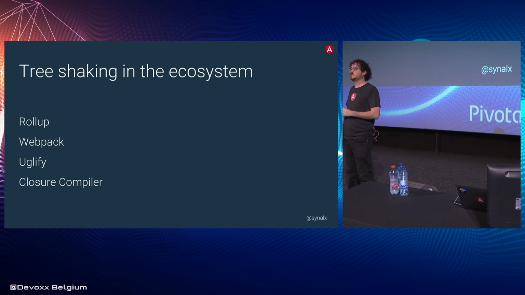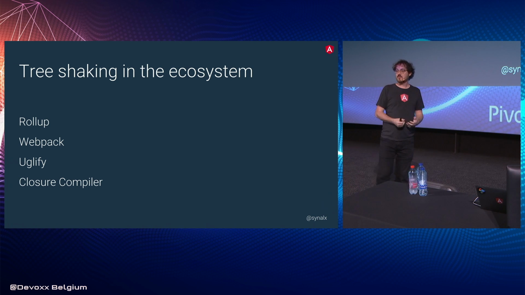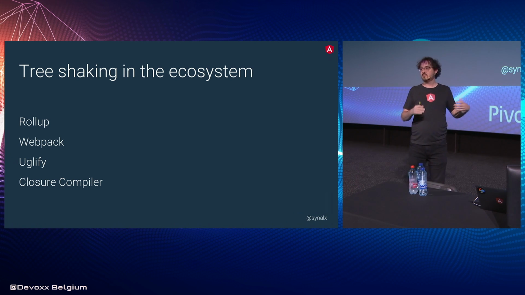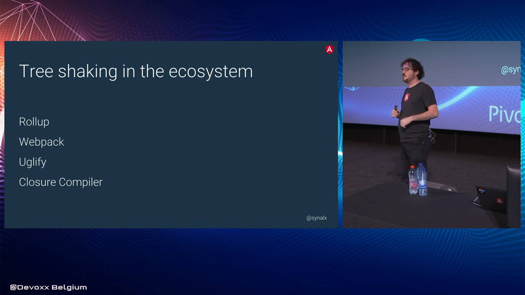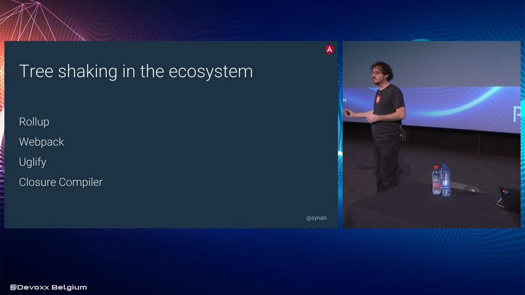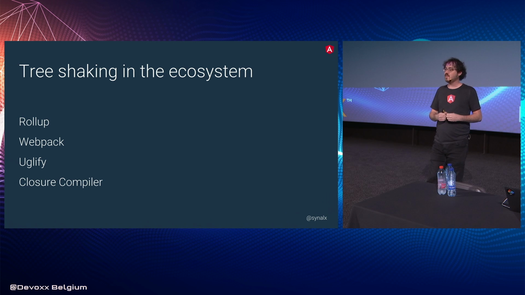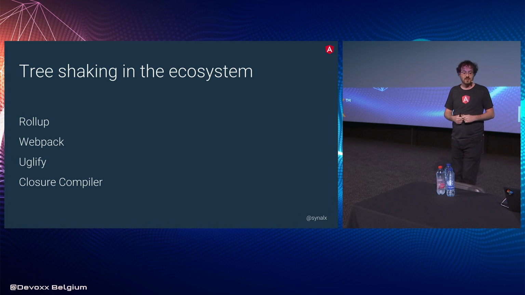One that I was surprised to find on this list is Uglify. Uglify is a venerable JavaScript compressor. Its job is to make your bundles smaller. And it does that by applying a variety of transformations, renaming properties, removing white spaces, making your code look very unintelligible. But one of the things it can do is dead code elimination.